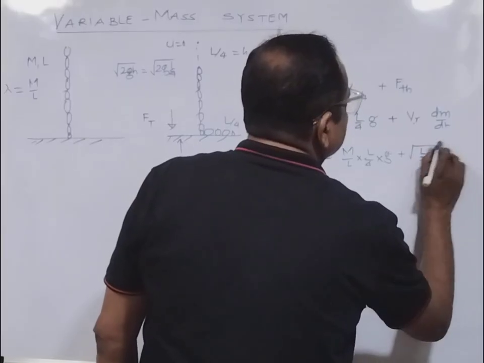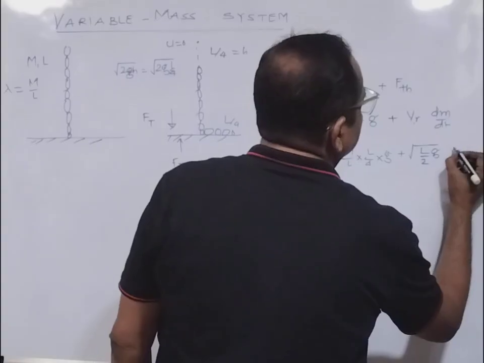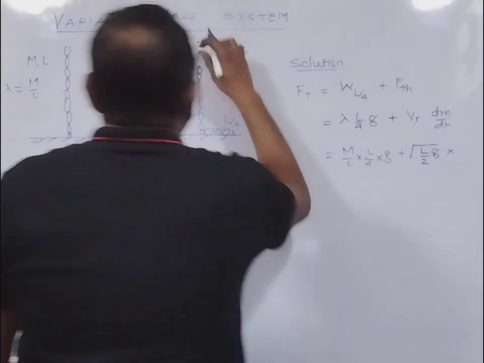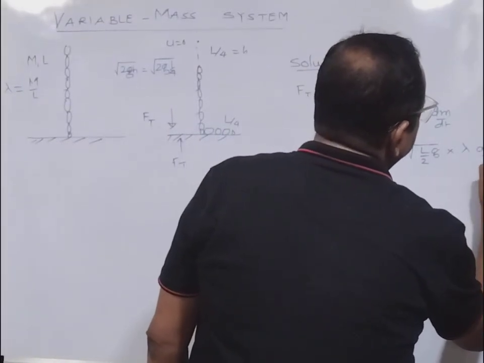which can be simplified as under root of L by 2 into g, into dm by dt. dm by dt can be written, if the falling length is x, as lambda into dx by dt.